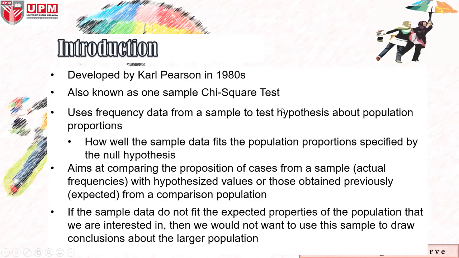And if the sample data do not fit the expected properties of the population that we are interested in, then we would not want to use this sample to draw conclusions about the larger population. We want to make sure that the data that we collect is similar to the population that we want to represent.